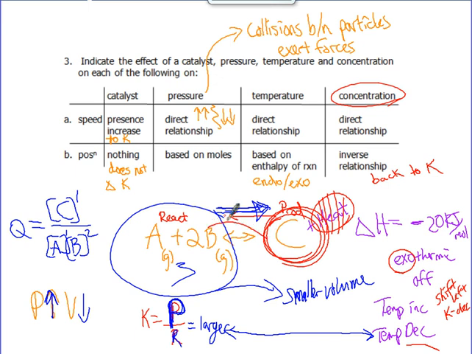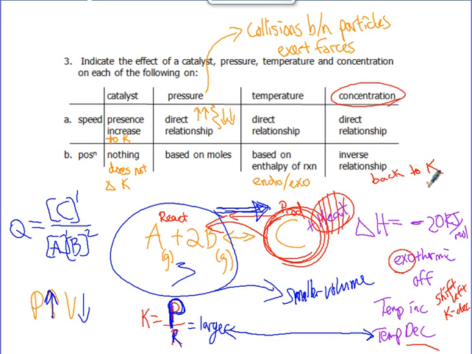The reaction shifts, the concentration of C decreases, the concentrations of A and B increase to get you back to K, back to that relationship between the products and the reactants. That should be a constant.